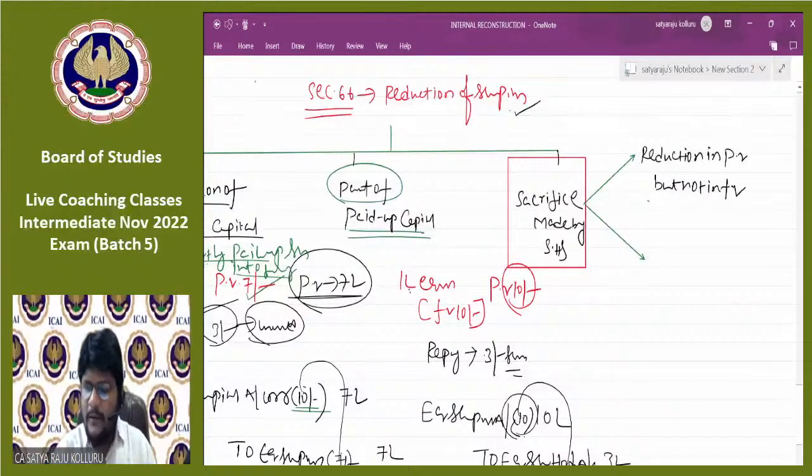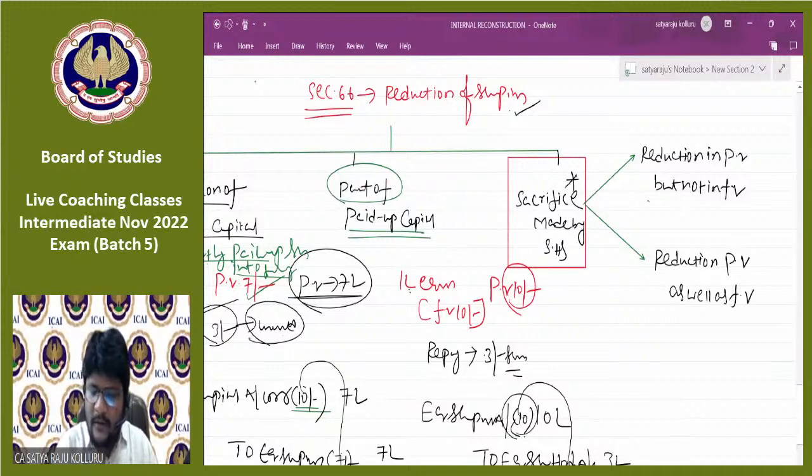And another one is reduction in paid up value as well as face value. Please consider it, guys. This portion is important because it is regularly coming in the examination. Most of the examination problems, this adjustment is also covered.